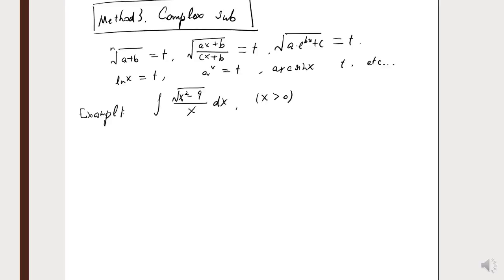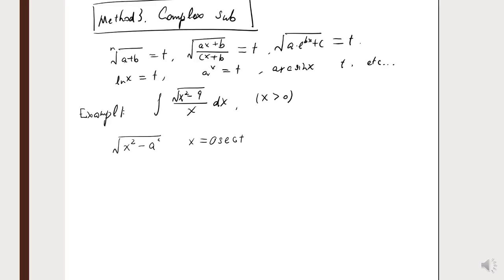By observing the format of such integration, we understand that it looks very similar to something we just talked about, the trigonometry substitution, because it follows x squared minus a squared. So we can have x equals a sec t.